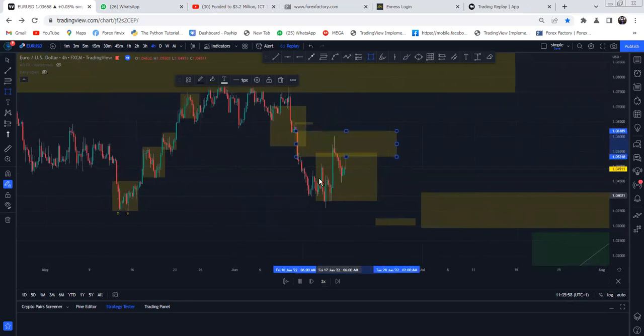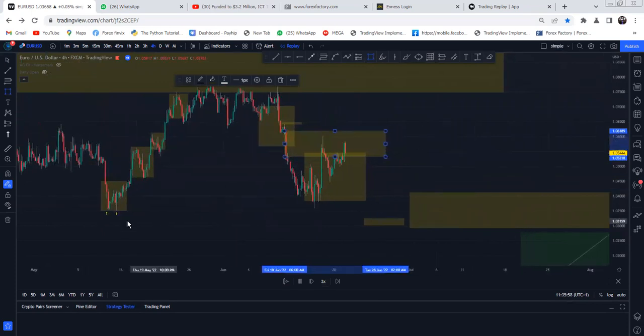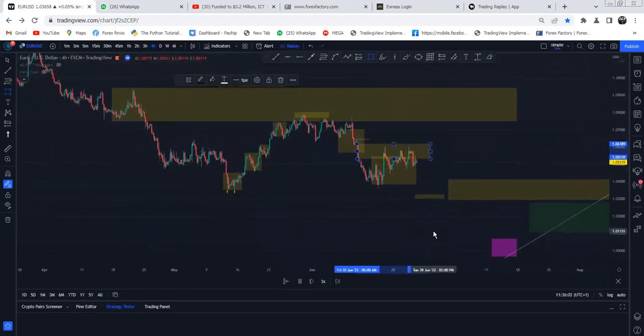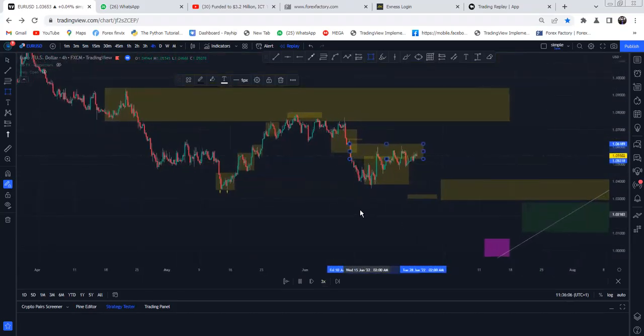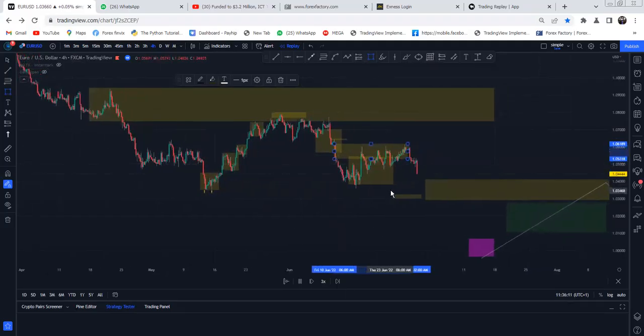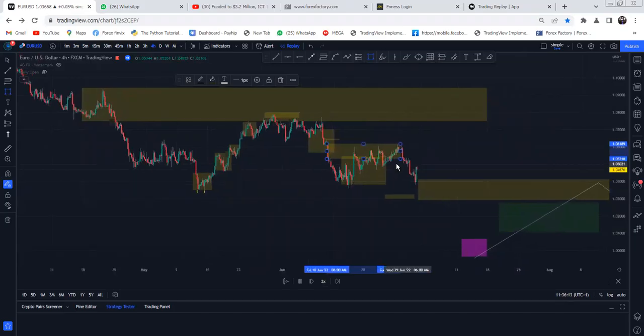We have filled this inefficiency. Our main target is for price to clear the low of the institutional order flow. Everything is in concept, nothing is left out.